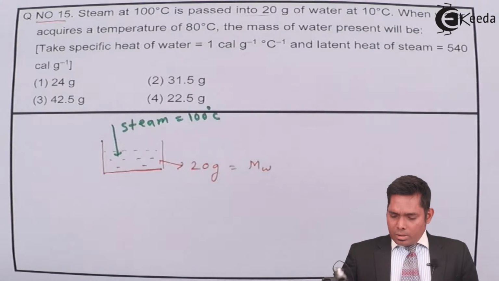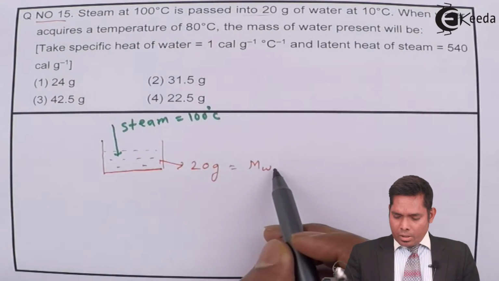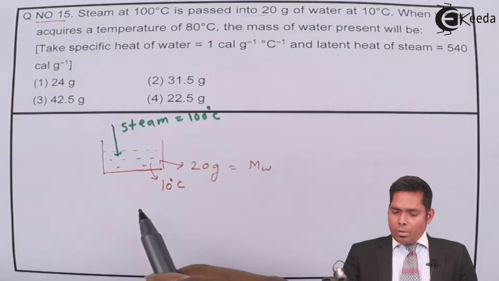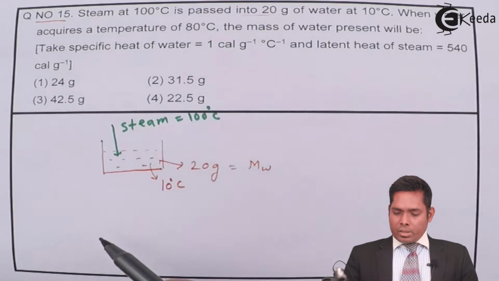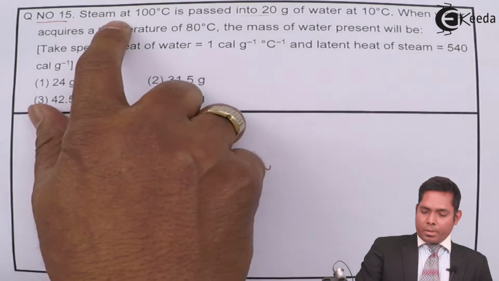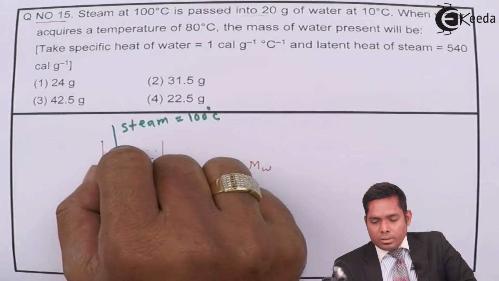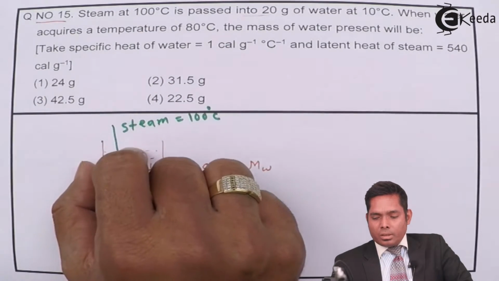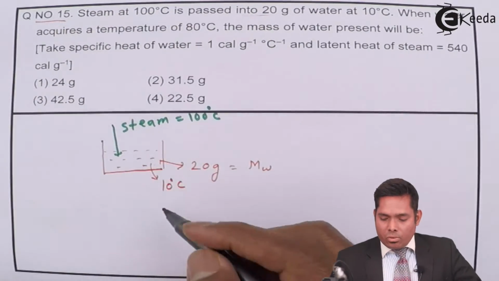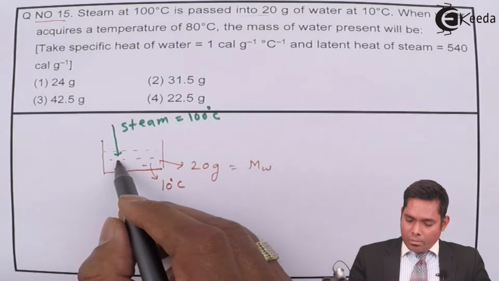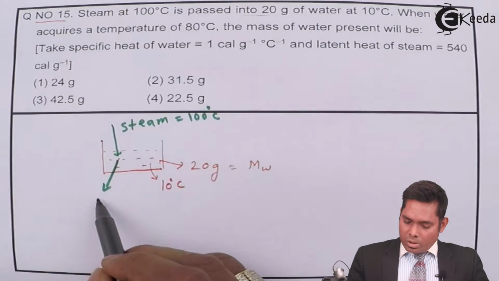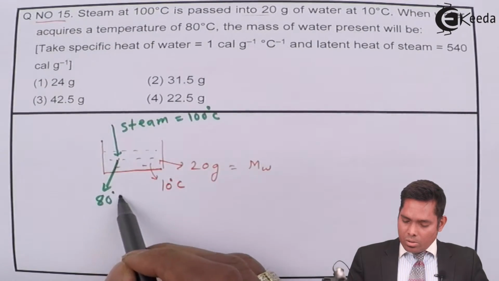And the water initially was at 10 degree centigrade. When the water acquires a temperature of 80 degrees centigrade, the steam is passed to the water till the temperature becomes 80 degree centigrade. That means the final temperature has to be 80 degree centigrade.